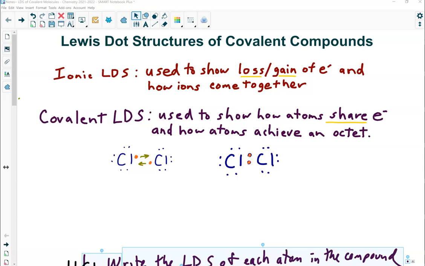What we're going to do with covalent Lewis dot structures is show how atoms will share their electrons to achieve an octet.